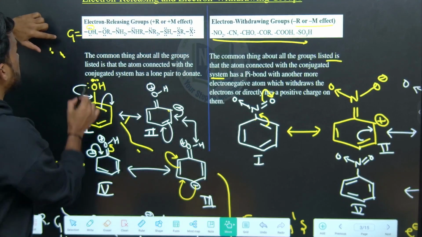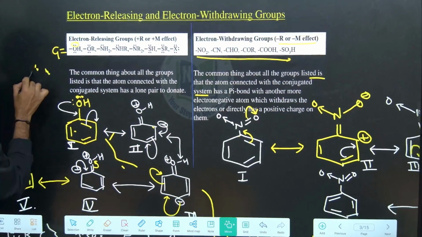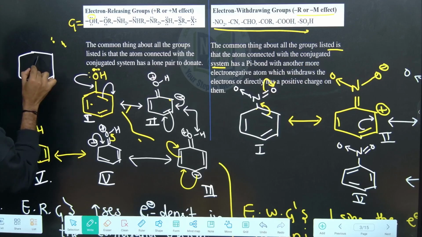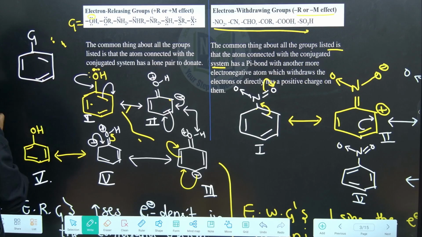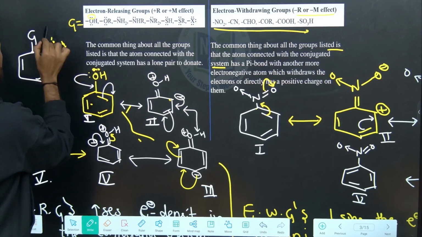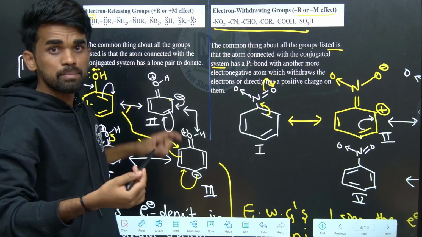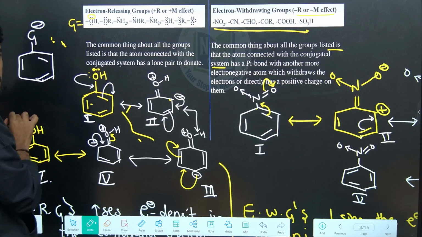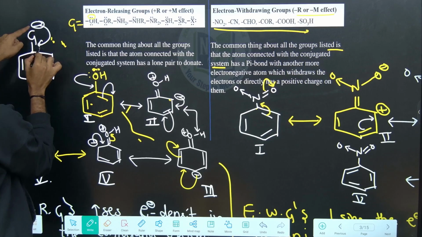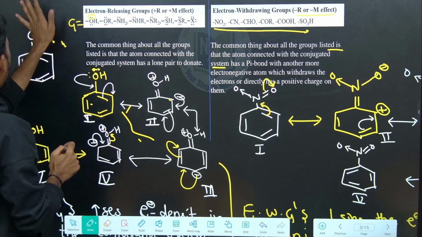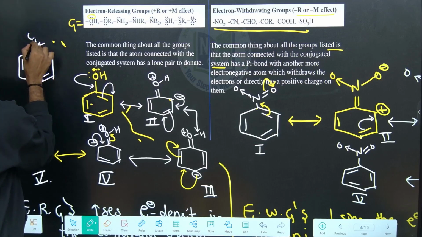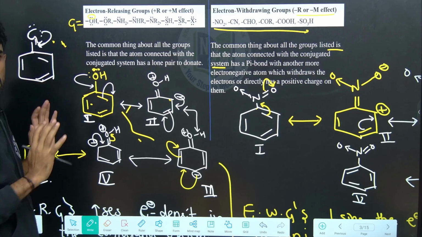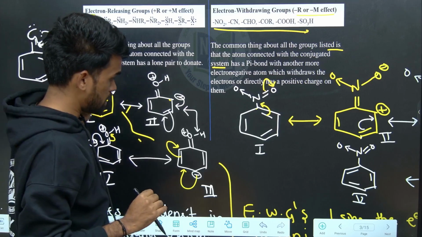If this is a conjugative system and any group G is attached, on this group G there may be non-bonding electrons, maybe in anionic form, G minus, so these negatively charged electrons can be donated, or in neutral form it can have some lone pair, right? So this can also participate in the resonating structures, or as a stabilization factor.